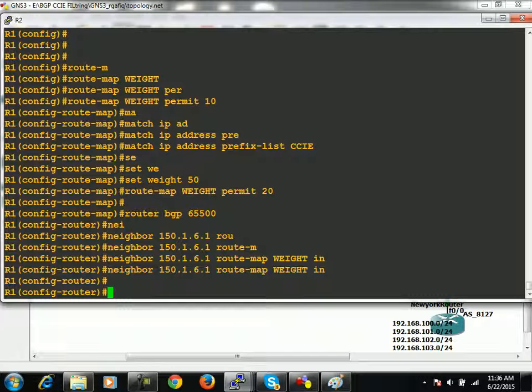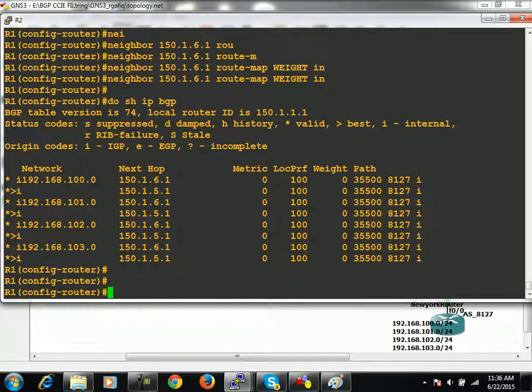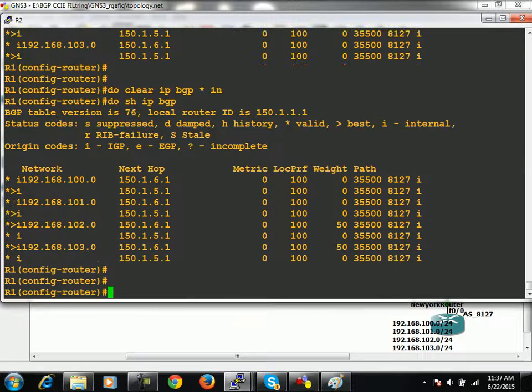Now again, your changes will not be applied, so do a clear. See, the weight has changed to R6, but only for the last two prefixes.